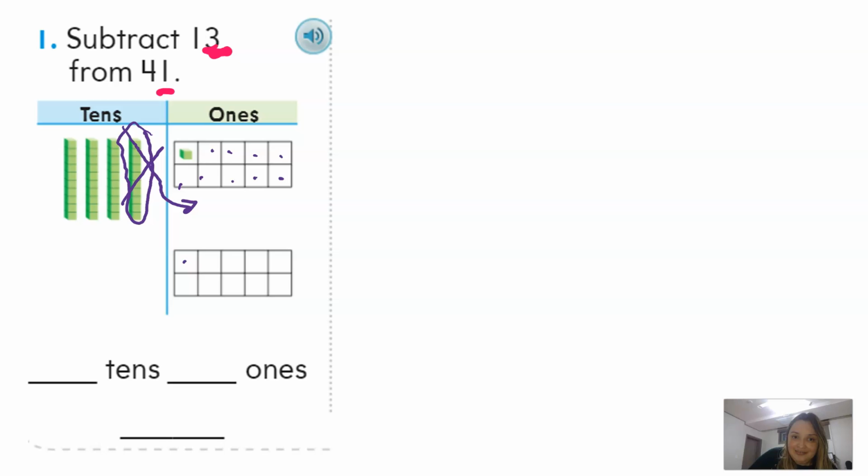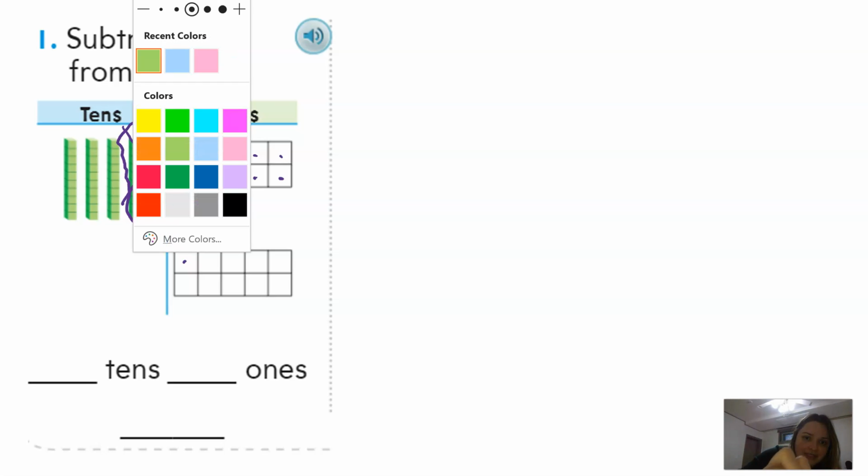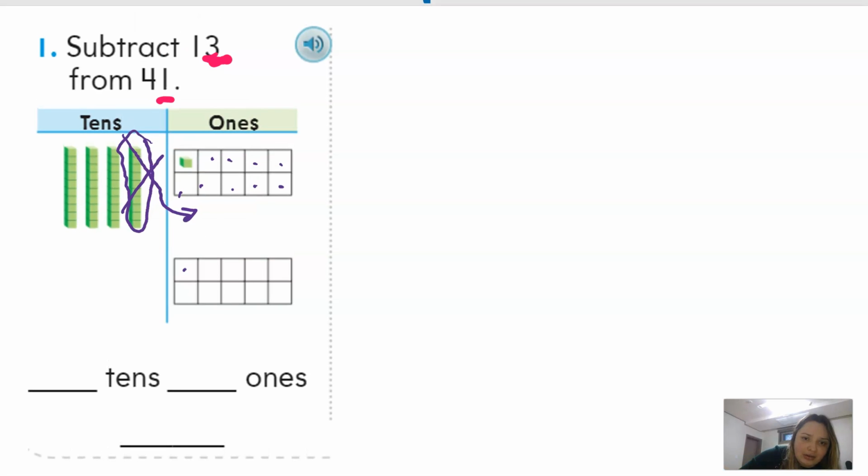Are we ready? Okay, so 13 would be, one second, I'm gonna change the color in my marker. So 13 would be 1 ten, so I'm taking that one away, and 3 ones. 1, 2, and 3. Okay, so let's see how many tens we have left over.